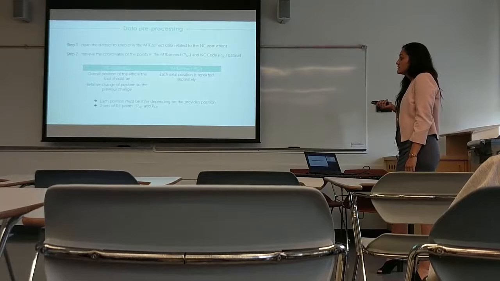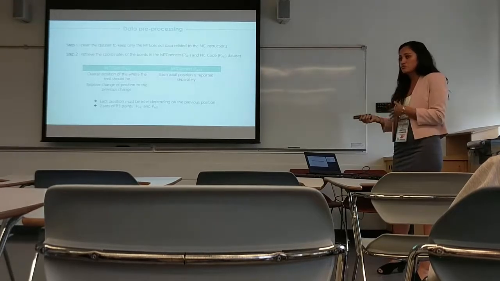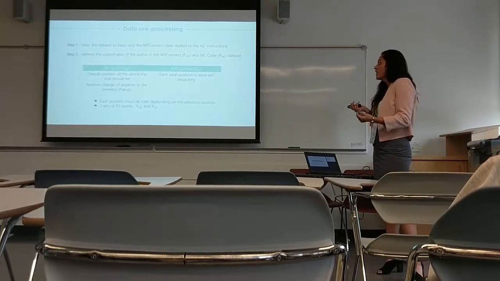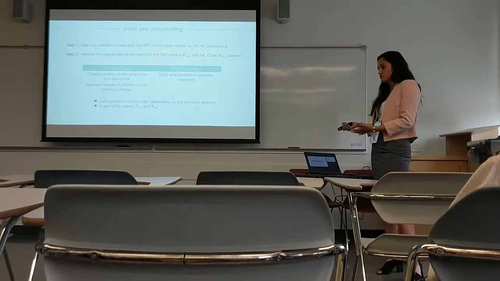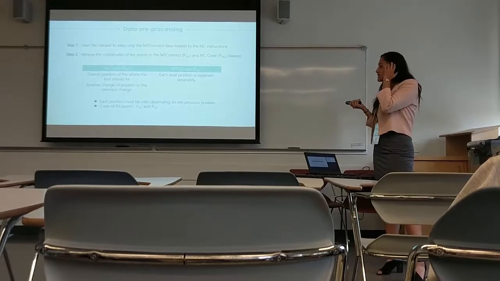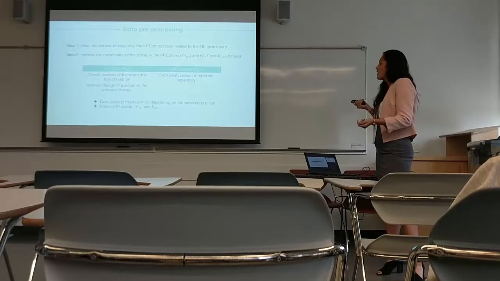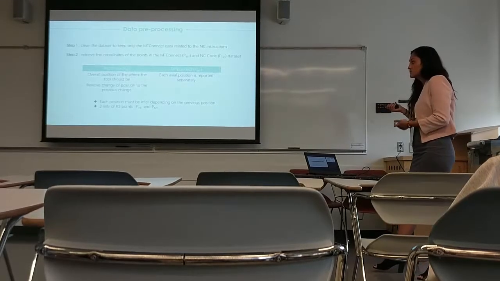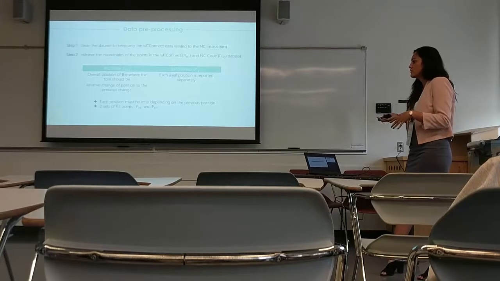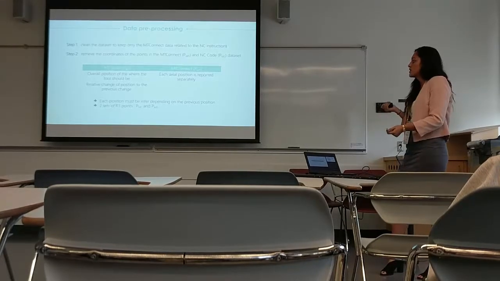So we have to keep in mind that the NC code reports the overall position of where the tool should be, and it only gives the relative change from the previous position. Whereas the MTConnect data just gives the actual position of the tool.